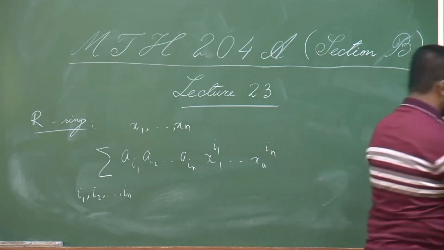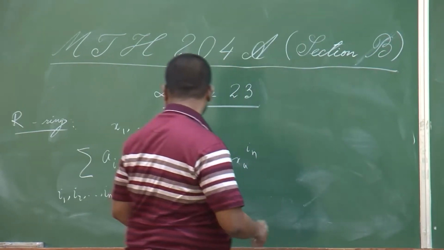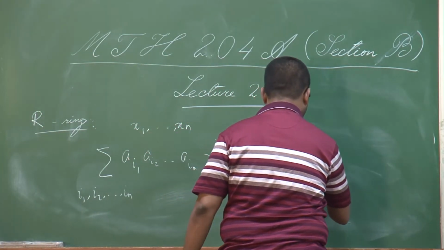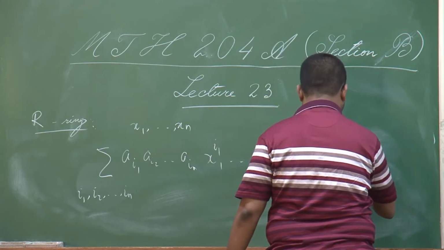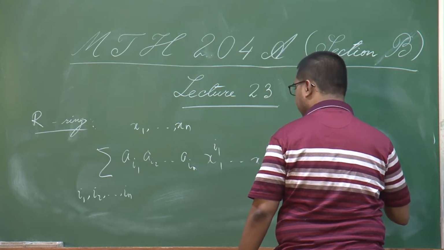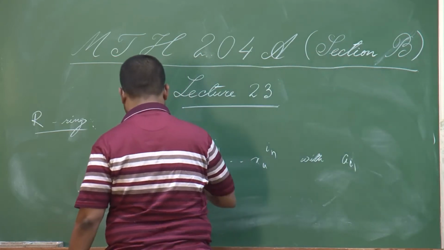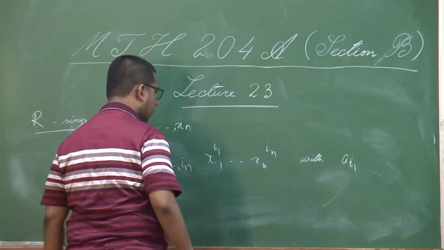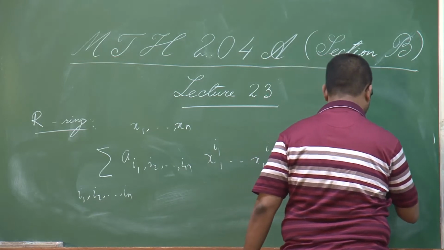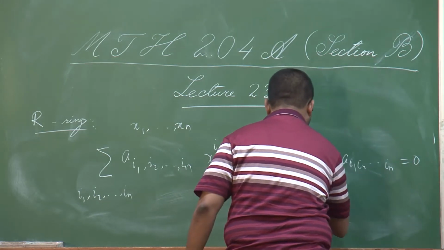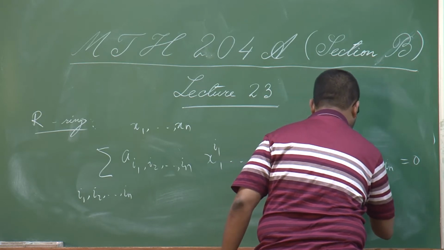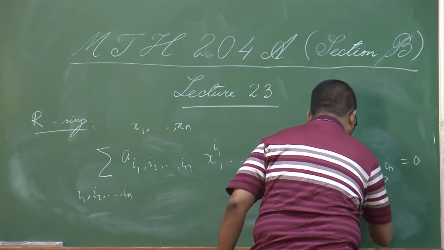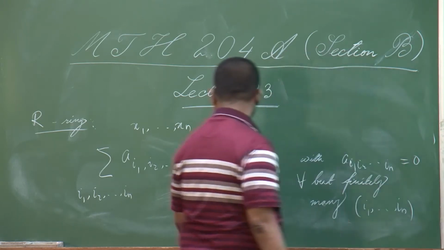Let me directly adopt the analogous convention here. So it is a sum with these coefficients a_{i1 i2 ... in}, which are 0 for all but finitely many tuples (i1, ..., in).